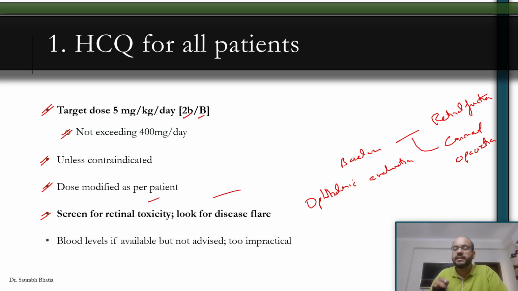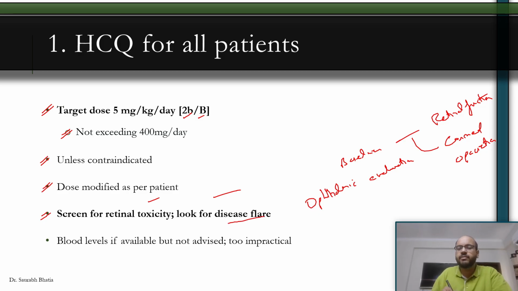So you should have a baseline value before starting HCQ. Most of the time in clinics, we don't have access to baseline evaluation. So we start HCQ, but make sure that you get it done as soon as possible so you have something to compare with. And then every year or annually, you should get an ophthalmic evaluation to look at the retinal function and to look at the corneal opacification.